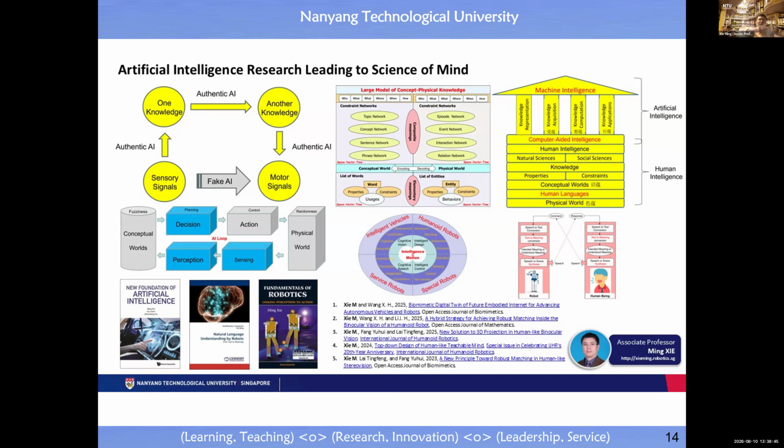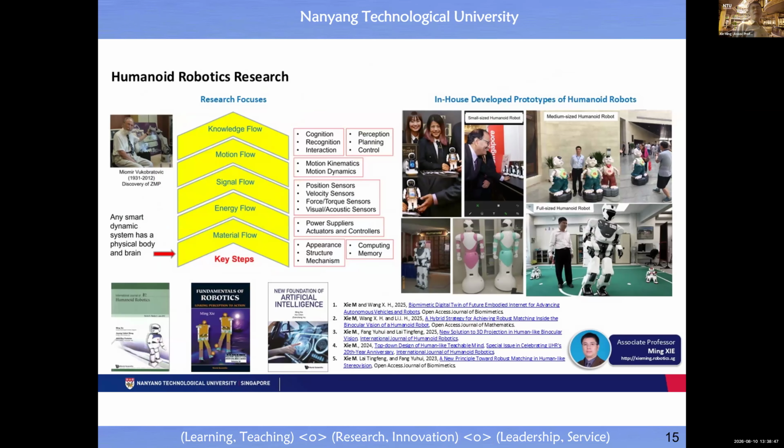Clear. Then the application of AI onto physical systems, right? There are many opportunities. One is to apply AI to or inside humanoid robots. And here you see the prototypes that we have developed, from small humanoid robots to full-size humanoid robots.